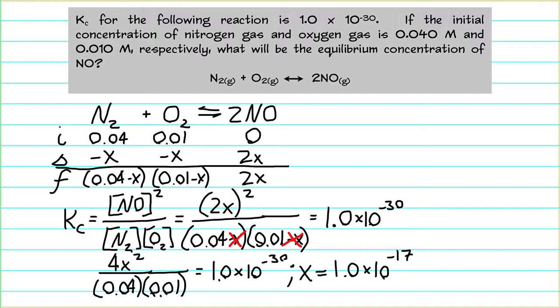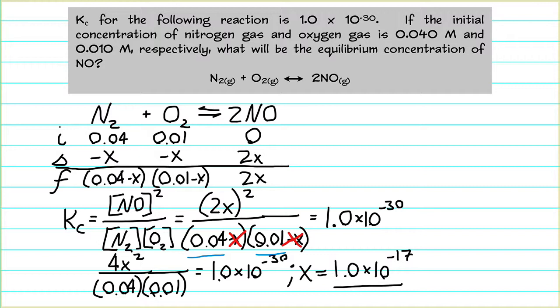And so that value is actually very small. Now, you do need to go back and check and make sure that x is indeed negligible. And the rule is that your value for x needs to be 5% or less than 5% of your starting reactants. Well, we can certainly do that, but I can just by inspection see that it is going to be way, way less than 1% or 5%.